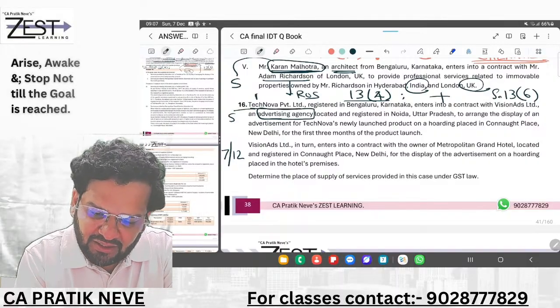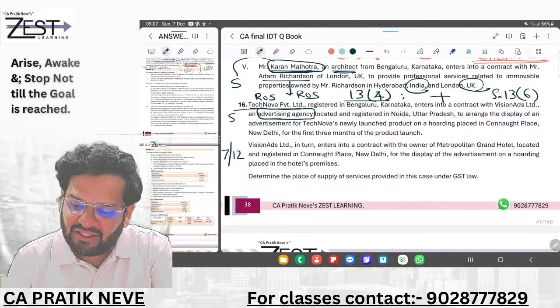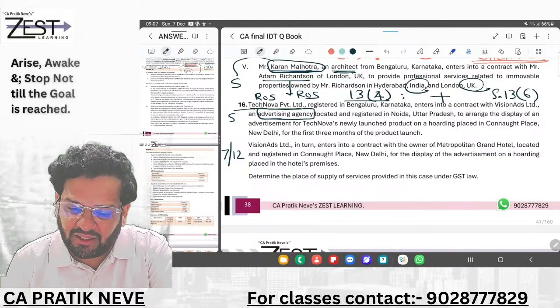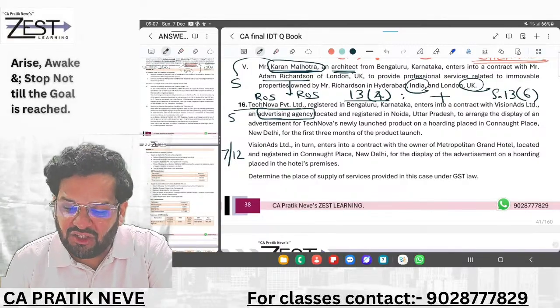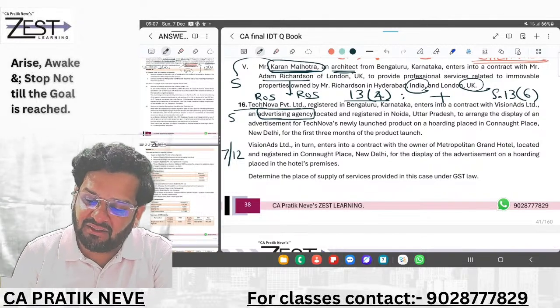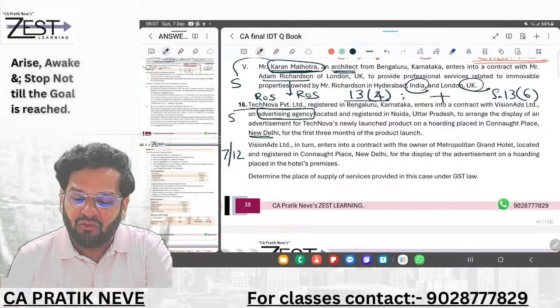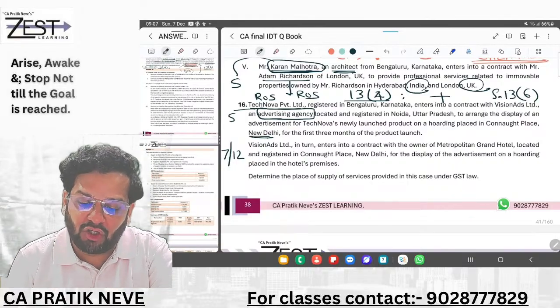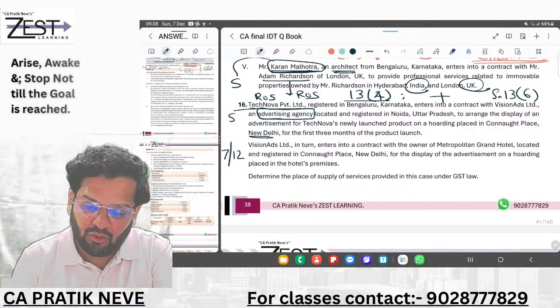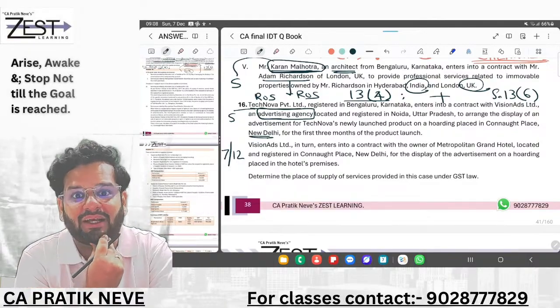Technova Private Limited is recipient of supply. To arrange display of advertisement for Technova's newly launched product on a hoarding placed in Connaught Place in New Delhi for the first 3 months of the product launch. Okay, so this is about advertising service.